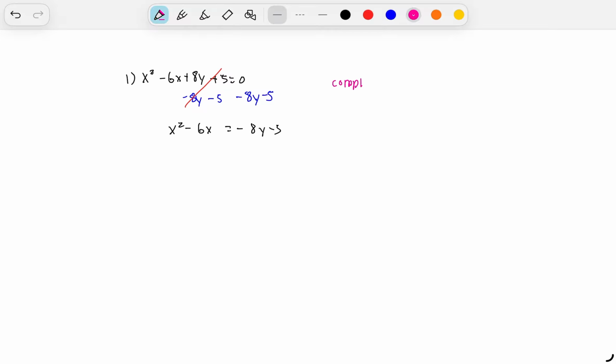You are only going to complete the square when you have something that is squared, because that's what makes it a square. You can't complete the square for y because it's linear. So we have 6. And we have a blank here. So we have 6 over 2 squared is equal to 9.